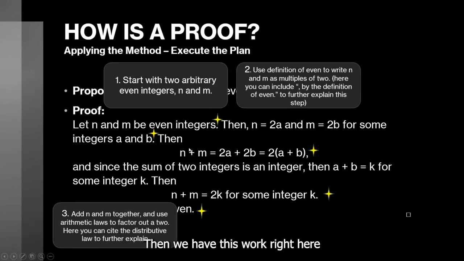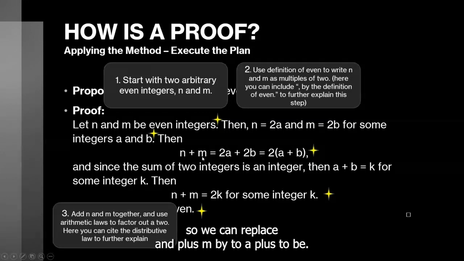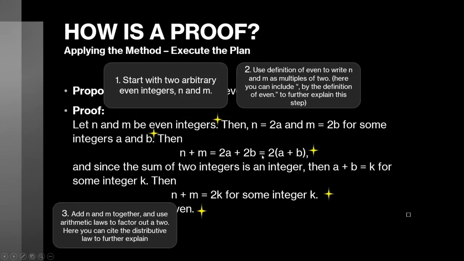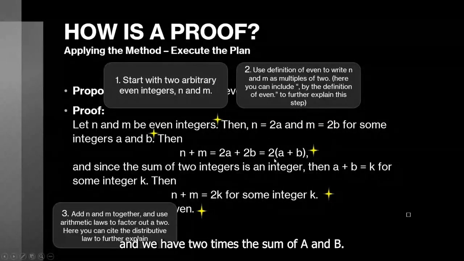Then we have this work right here, n plus m. n we know is 2a, m we know is 2b. So we can replace n plus m by 2a plus 2b. And if we use that law of distribution that we just saw, we can take this 2 out of the addition, and we have 2 times the sum of a and b.